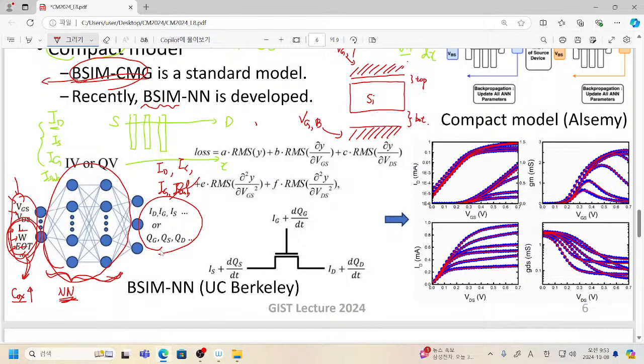But the Berkeley group themselves say that if we change the way of implementation a little bit, then we can get a few times faster simulation than BSIM CMG. That was reported in this year's CISPAD.